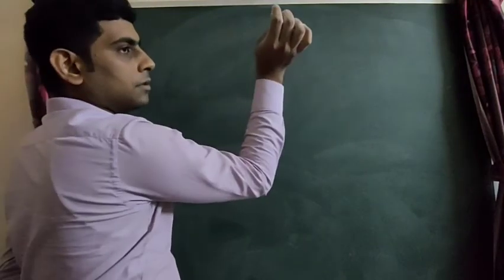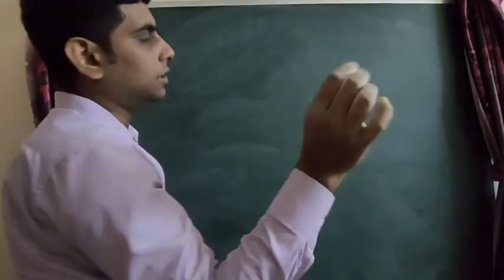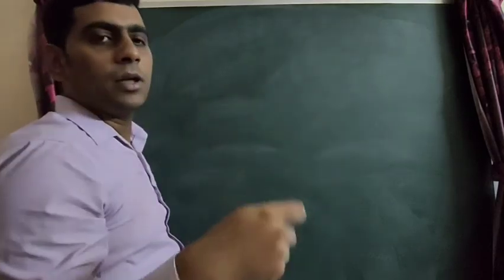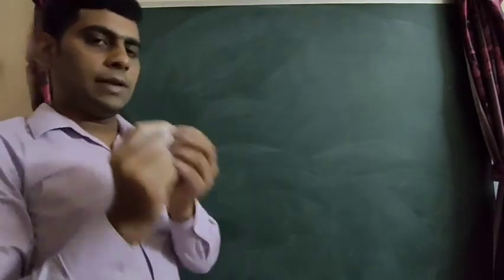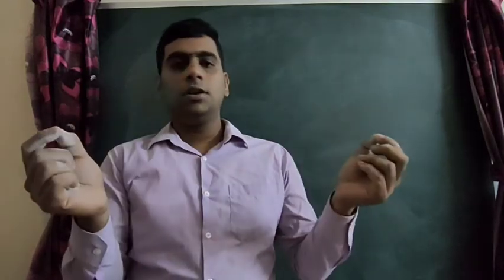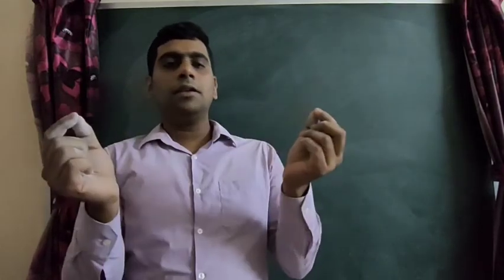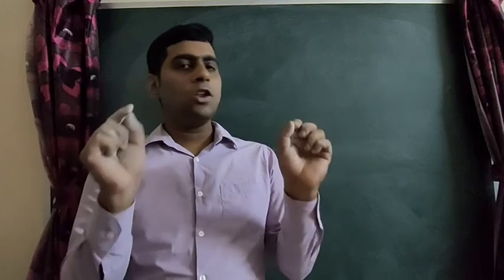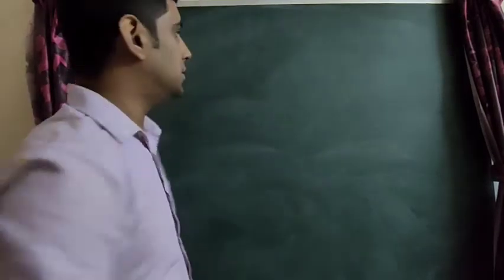If the length of the conductor gets doubled, for the same conductor the area of cross section becomes half. If you stretch a wire, its length increases, but the area of cross section also decreases, the thickness decreases.